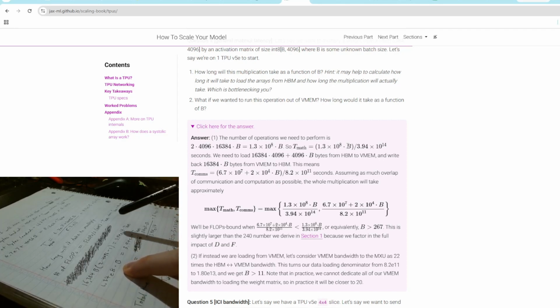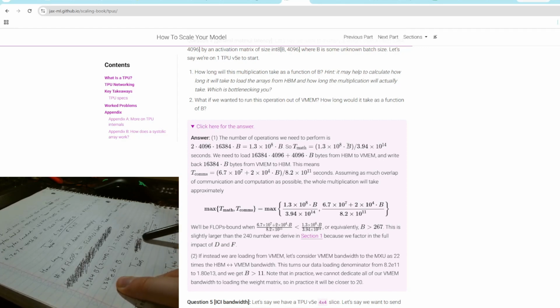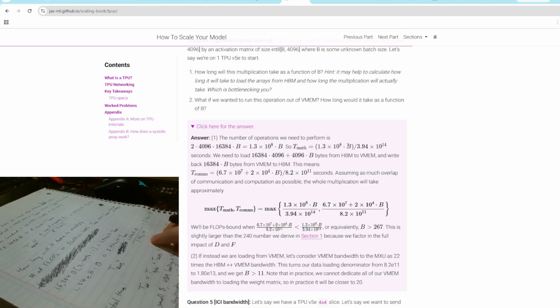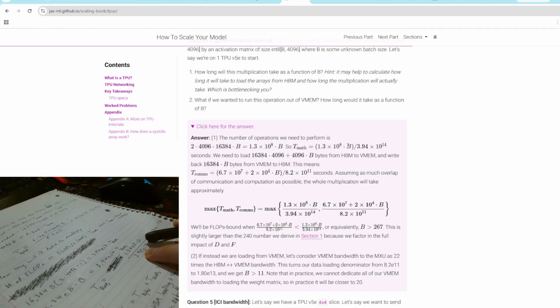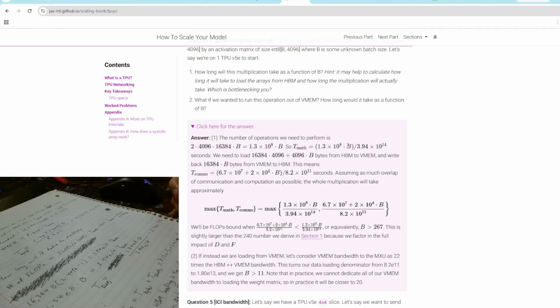So T math equals 1.3 e to the 8 times B divided by 3.94 e to the 14. I don't think they broke it out. Okay, so we don't break that out, but that's right.